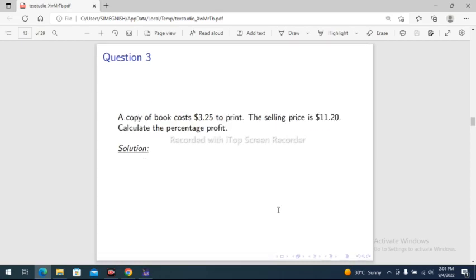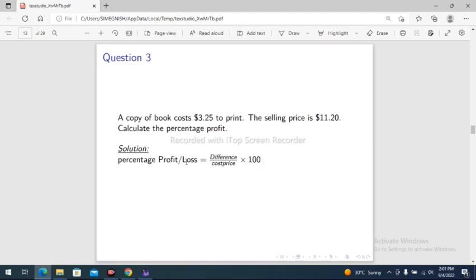The third question is, a copy of a book costs $3.25 to print. The selling price is $11.20. You are asked to find the percentage profit. We have a formula here.